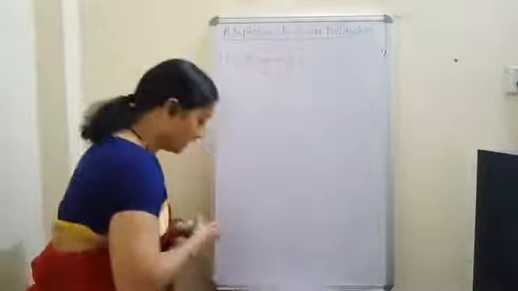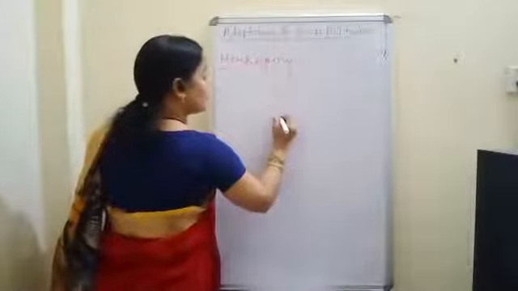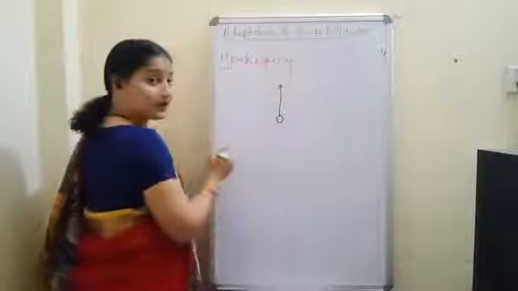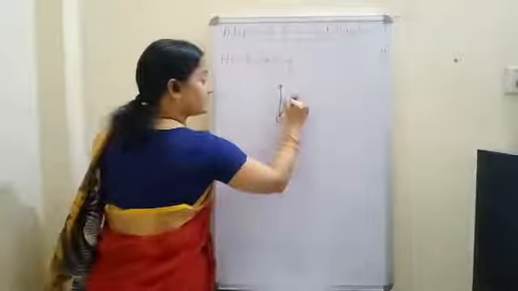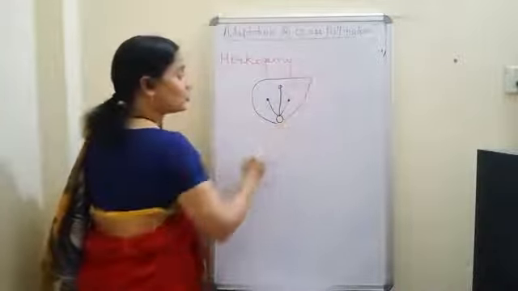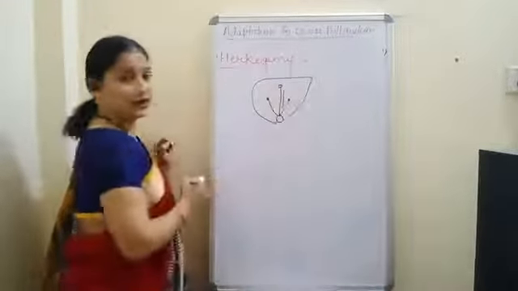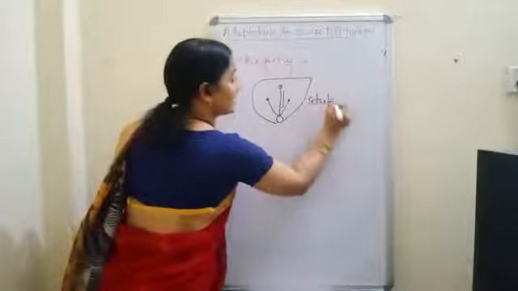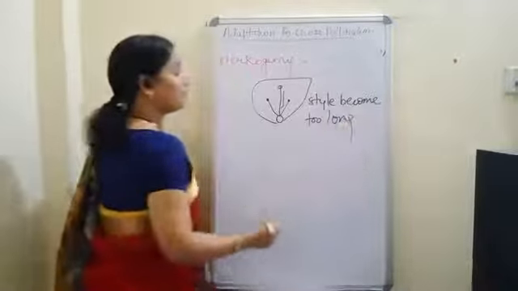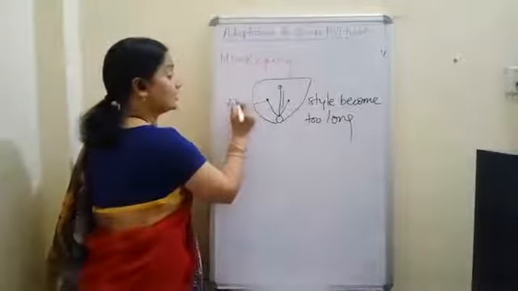Okay, now see what I mean to say. In case of hercogamy, suppose this is the ovary, this is the style, this is the stigma, okay, and this is the male part of the flower and the total flower. Now what happens, this style becomes too long, and because of that the anther fails to drop pollen grains.